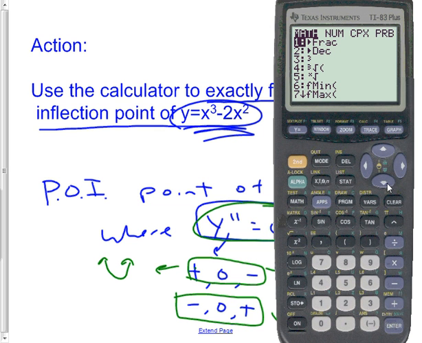So nDeriv, vars, Y-vars, function Y1, comma x, comma x. Oops, let's go back.